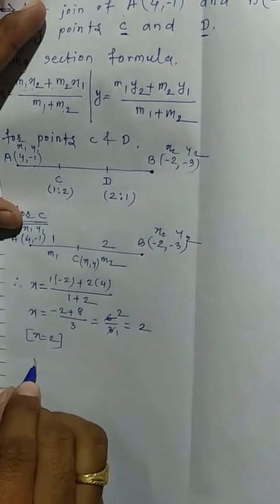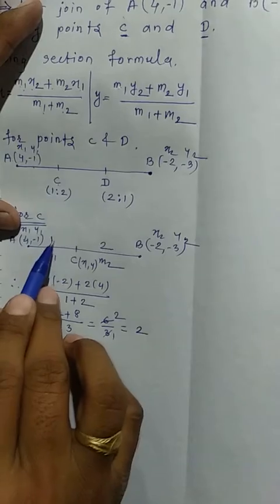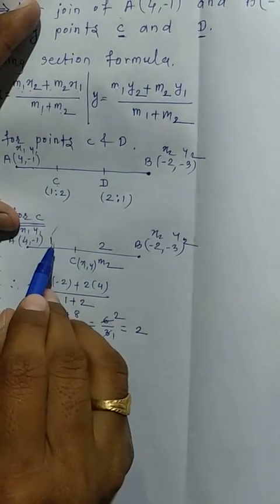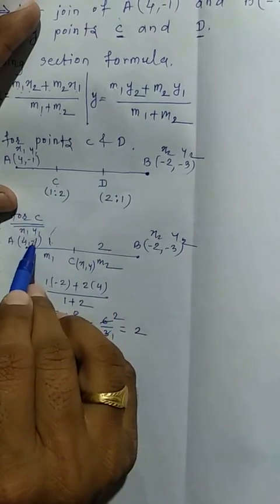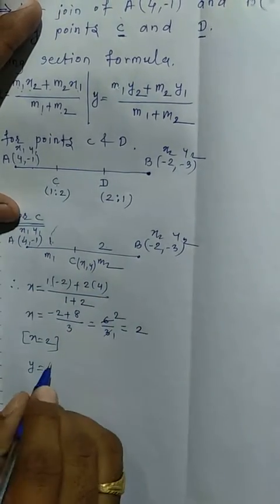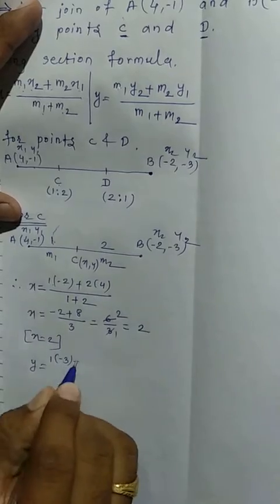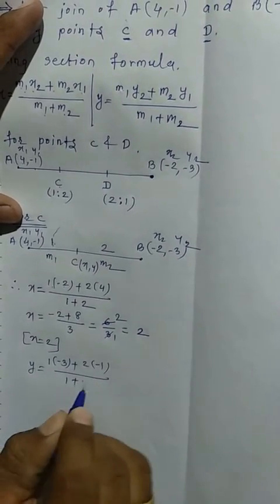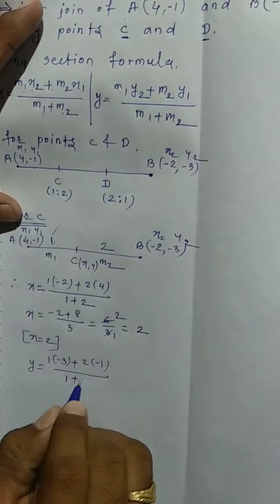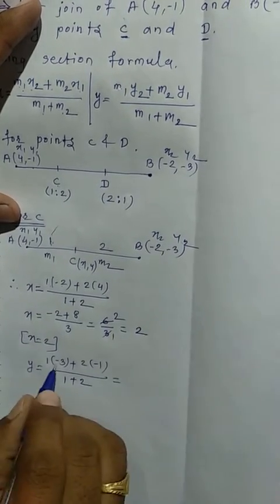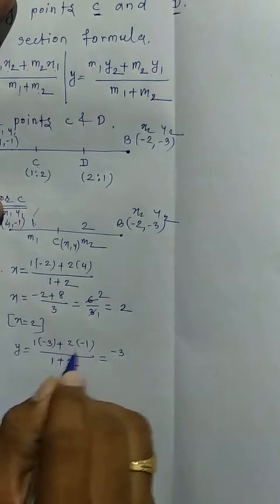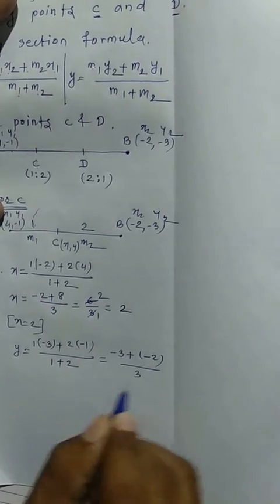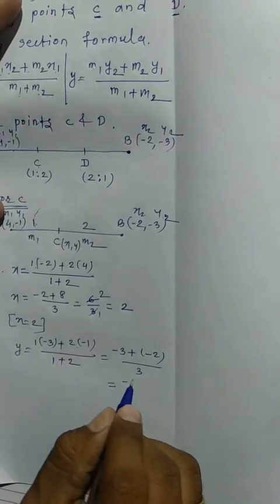Now for y, what will we write? Only the y coordinates: m1 into y2, that is -3, plus m2 into y1. So 1 into -3 plus 2 into -1, upon 1 plus 2. That gives -3 plus -2 upon 3, so that gives -5/3.